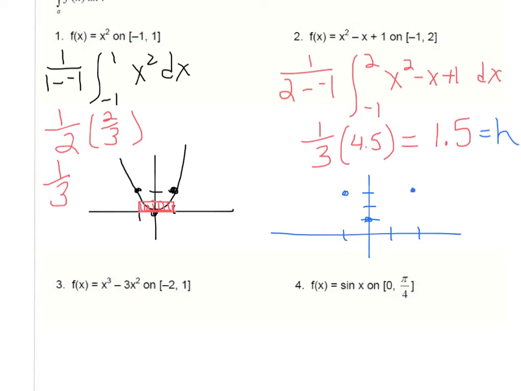The vertex, if you look at the parabola in the graph, is somewhere around here. So here's the parabola. Again, because it's x squared, you can look at the graph to see that. So now our base of the rectangle is going to go from -1 to 2. And we have a height of 1.5. And we'll color that in.